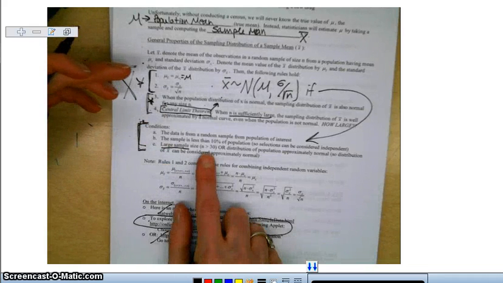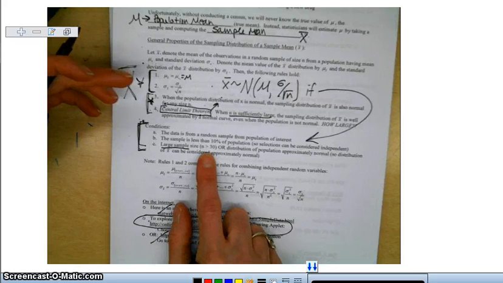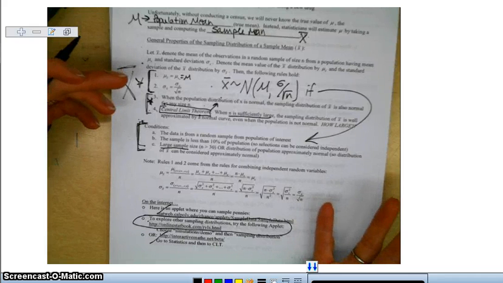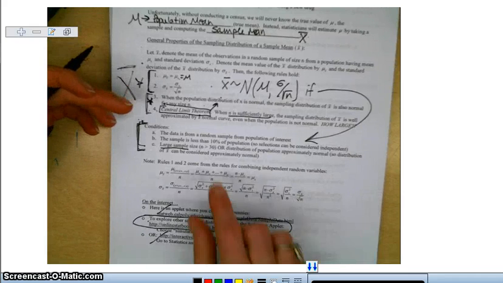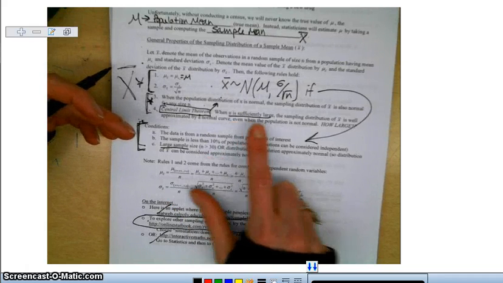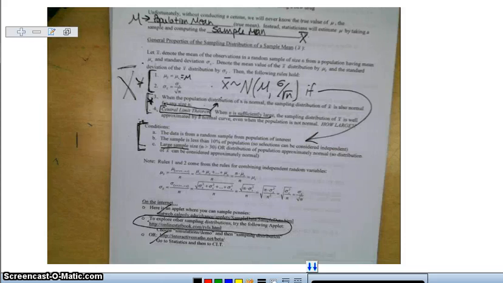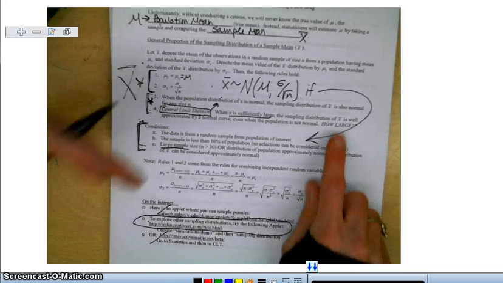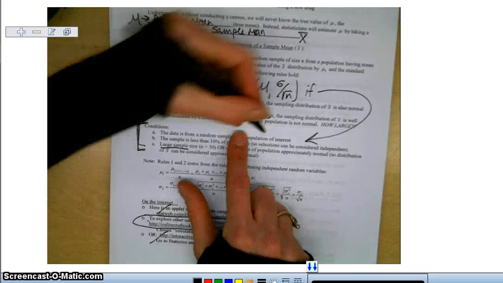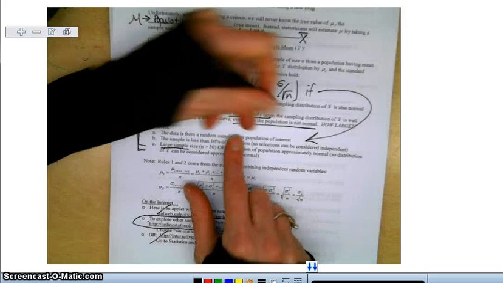What does n have to be bigger than? 30. So a large sample size isn't that big, is it? You wouldn't consider 30 to be huge, would you? No. So when you have a large enough sample size, any number of samples that you take and find the mean of will become normal. And this is the key, even when the population is not normal.